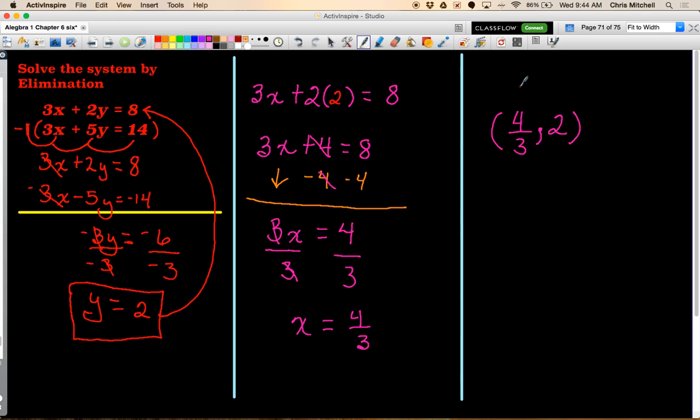That's it. Again, this is x, this is y. So that is how you solve a system by elimination where you have to distribute the -1. Now, you will not have to do this for every question, only when you don't have a zero pair.